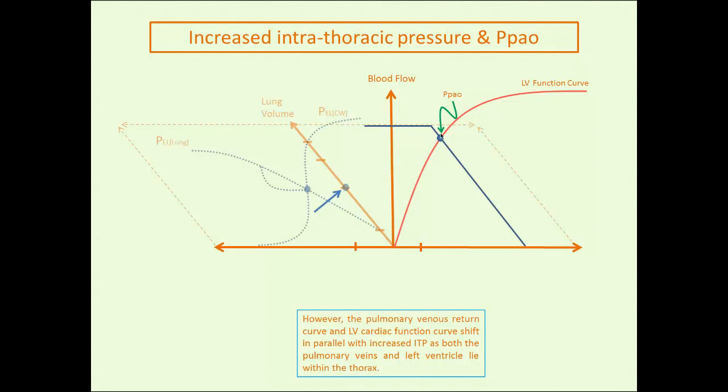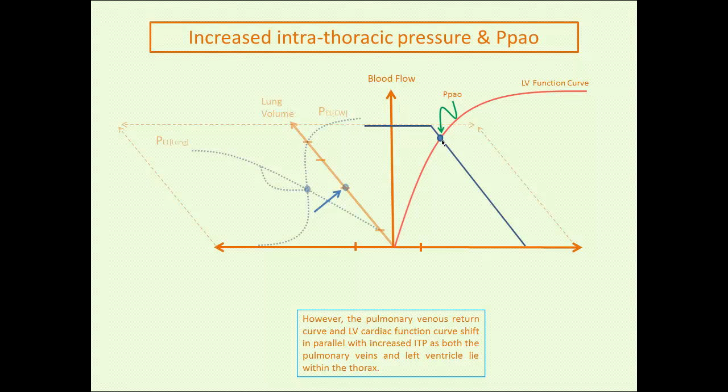The left ventricular function curve does not shift relative to the pulmonary venous return because the veins and the heart are subjected to the same intrathoracic pressure. So in effect, the transmural pressure of the LV is not changing with the Valsalva. Simply the pulmonary artery pressure is increasing in response to the increase in intrathoracic pressure.